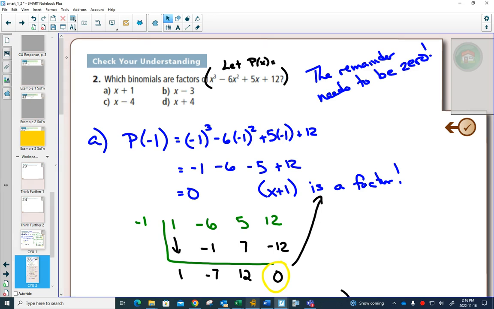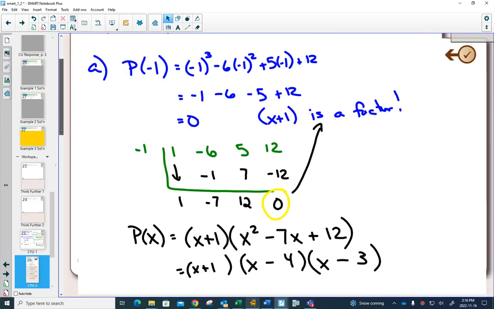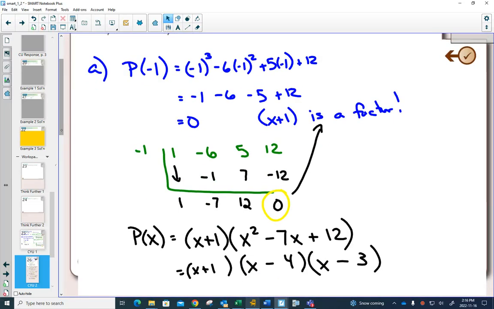Once you find one that works, you can write your division statement. So let's say you tried -1 and it worked. You tried it either with your remainder theorem or with your synthetic division. As soon as you get to an x squared, you can factor it like you normally do. And this would be factored completely.